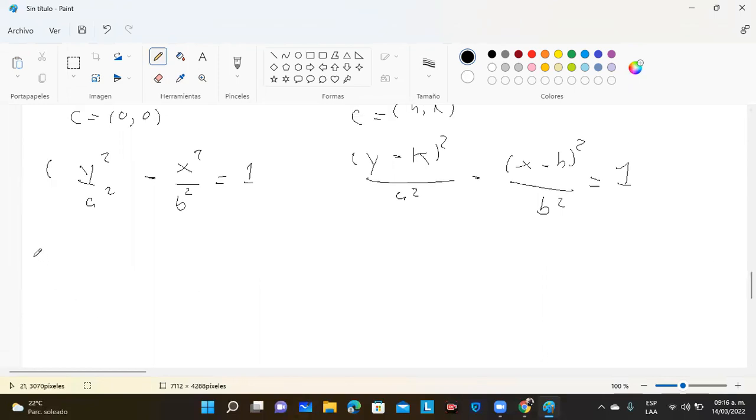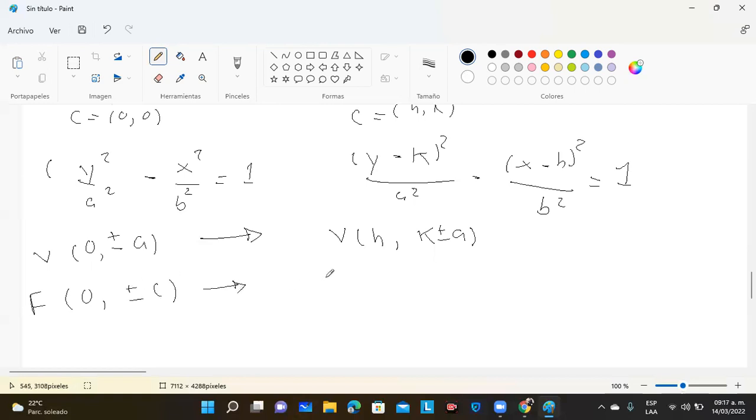Now, what happens with the vertex? In the origin, we have 0, comma, plus or minus a. And when it's shifted, the vertex is h, comma, k plus or minus a. The foci, when it's in the origin, are 0, comma, plus or minus c.